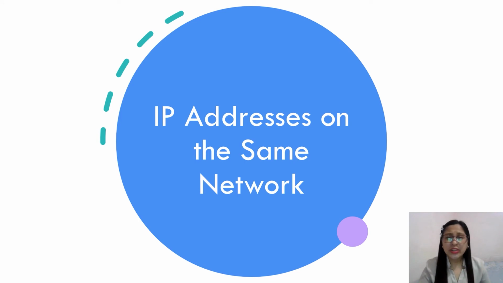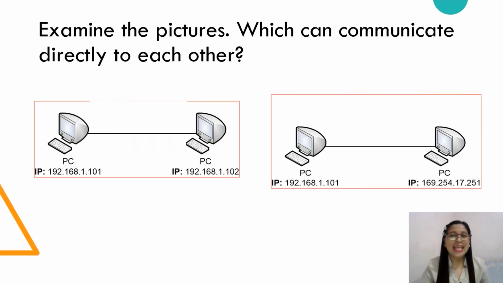Now, why did we learn about the class of an IP address and its corresponding network and host address? Here's the application. Examine the two pictures. Which can communicate directly to each other? Is it figure A or figure B?